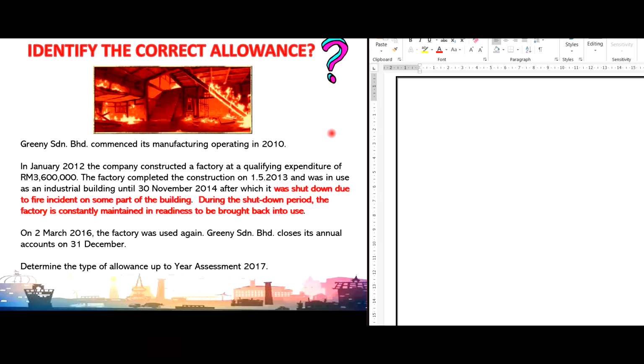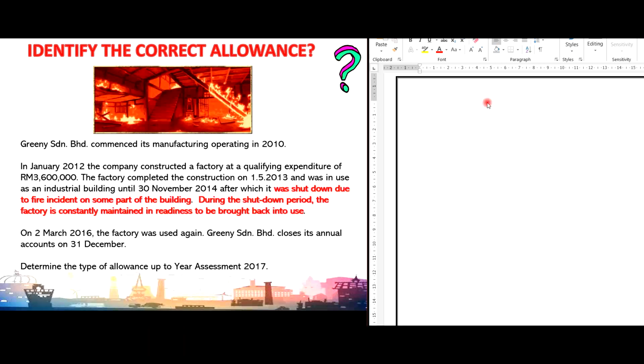During the shutdown period, the factory was constantly maintained in readiness to be brought back into use. On 2nd March 2016, the factory was used again. Greenish Sdn Bhd closes its annual account on 31st December every year. Determine the type of allowance up to year of assessment 2017.